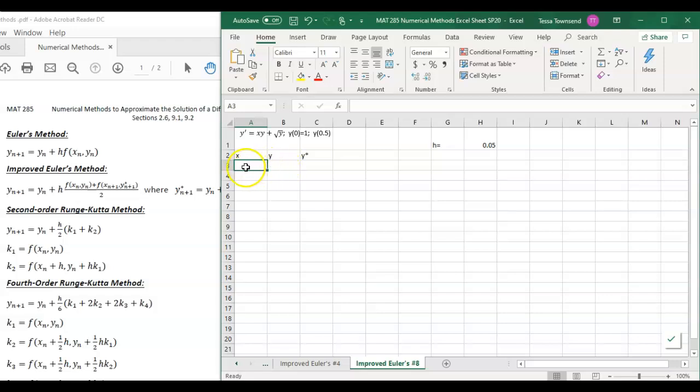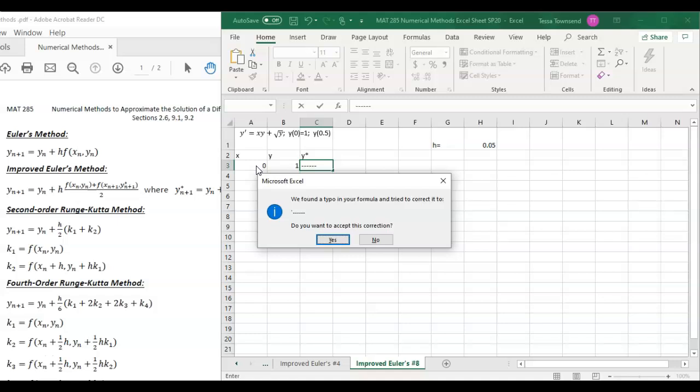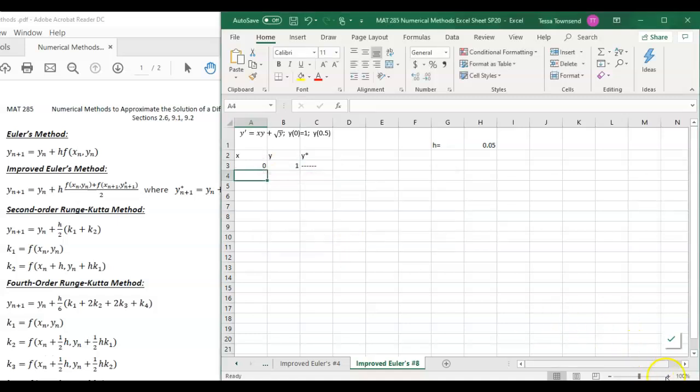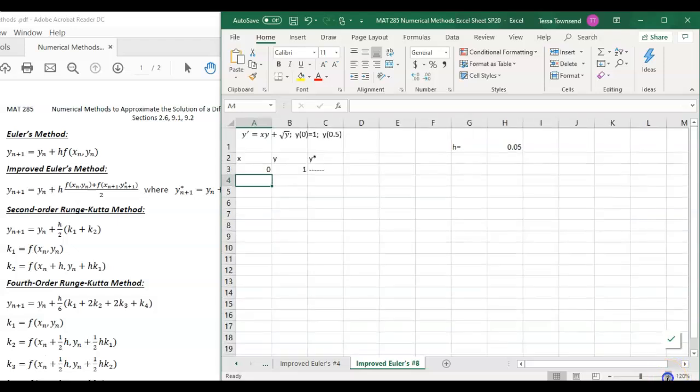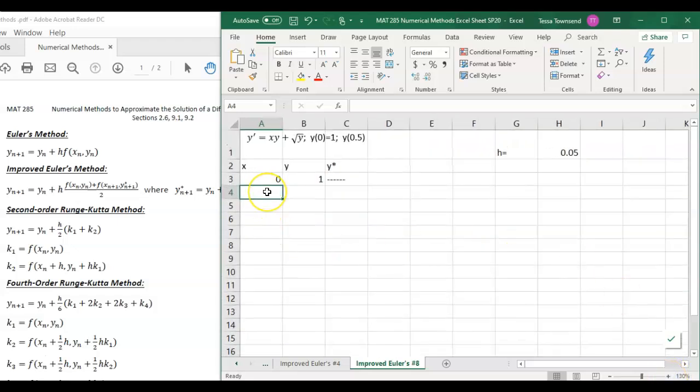That first ordered pair will come from that initial condition. Our initial condition is 0, 1. We will not have a Y star, so I'm going to show that there's nothing in there by just drawing some dashes. Excel doesn't like that, but I'm going to force it to do it anyway by hitting yes. We want to evaluate y of 0.5.